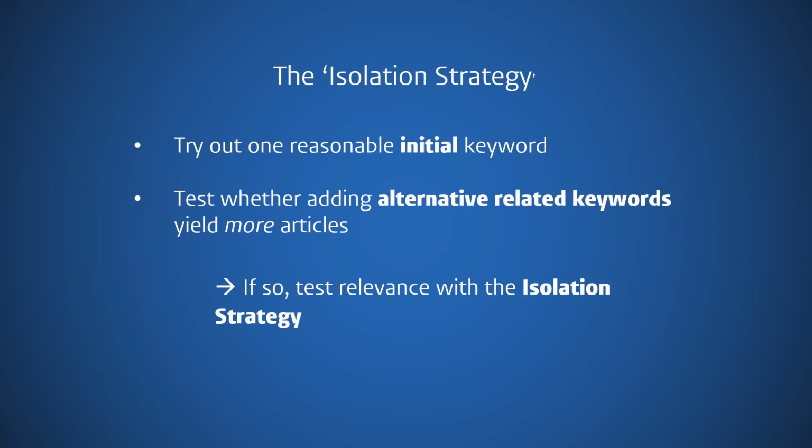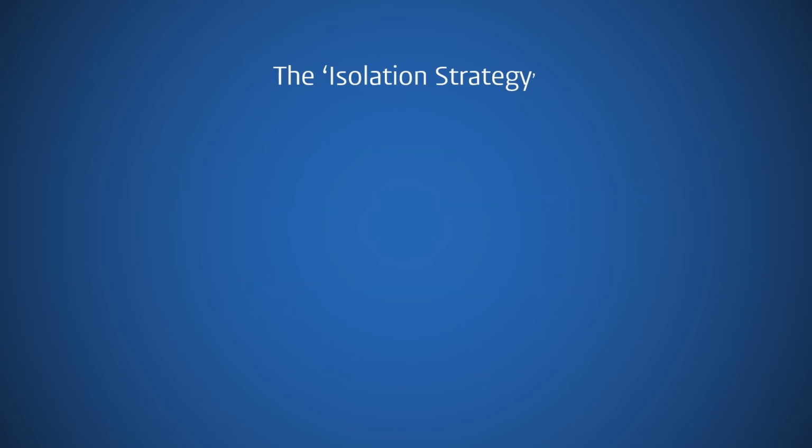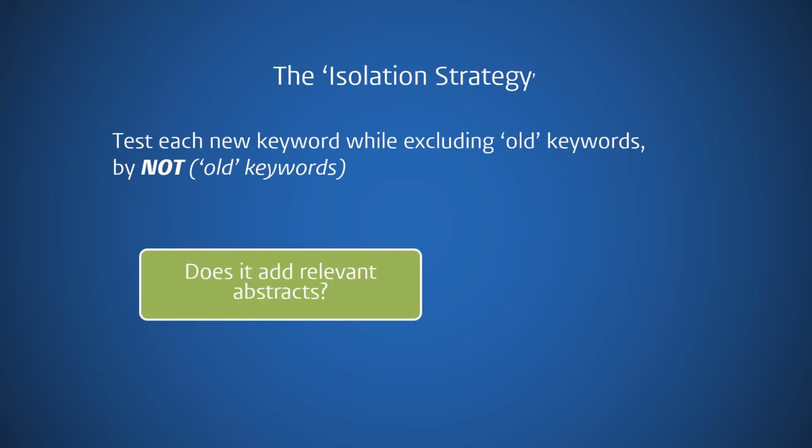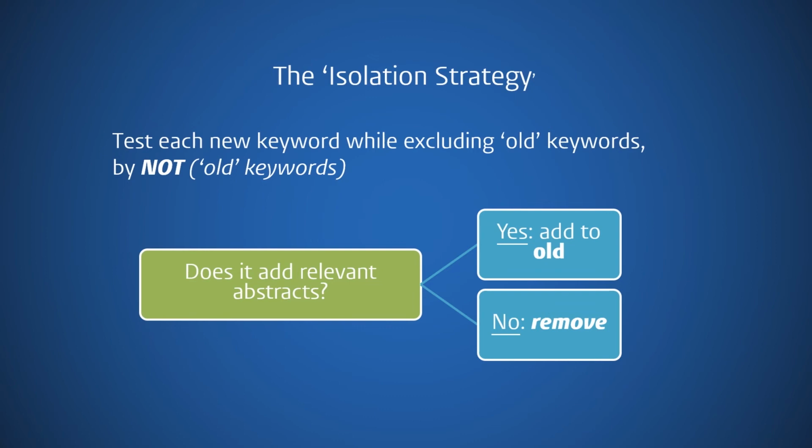So, test the new keyword while excluding the old keywords by using a phrase with not and then the old keywords between brackets. Inspect the relevance of the isolated additional articles. If the new keyword yields additional relevant articles, add it to your old keywords, which will later become your final keyword profile. If not, discard it and so on, slowly building a perfect profile.